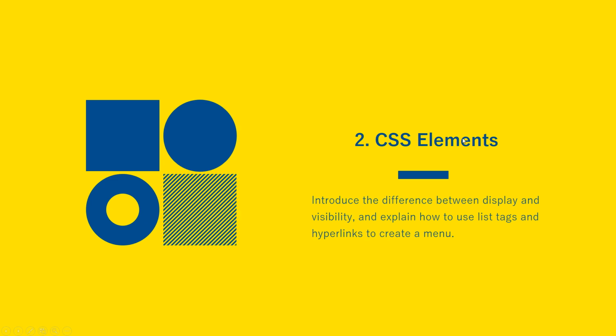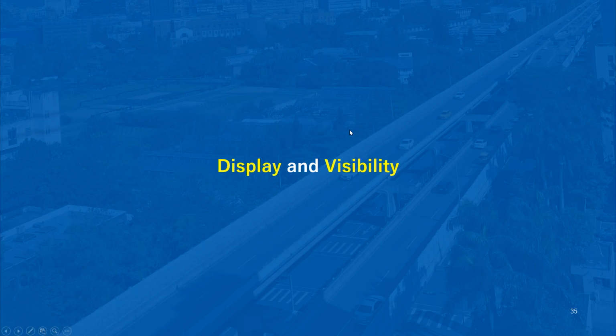Now is CSS elements. Here I want to talk about display and visibility. What's the difference between display and visibility? Is there something different in Chinese?